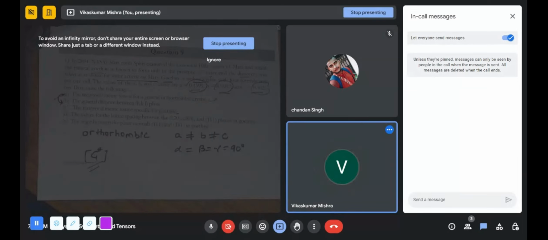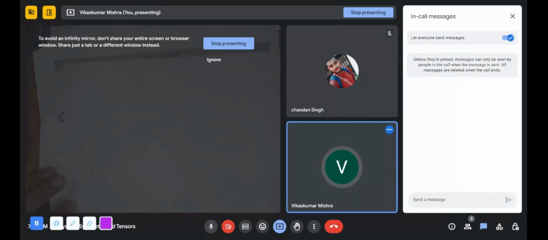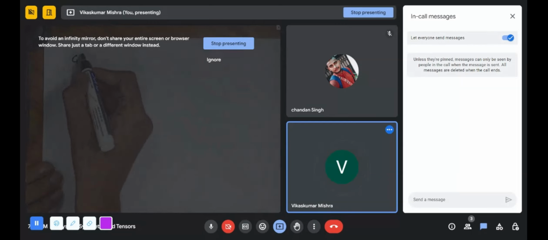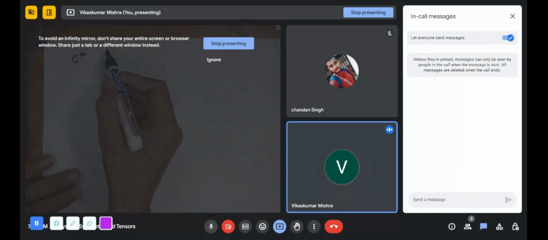Okay, let's use a different paper. They want us to find the G star, the reciprocal metric tensor.